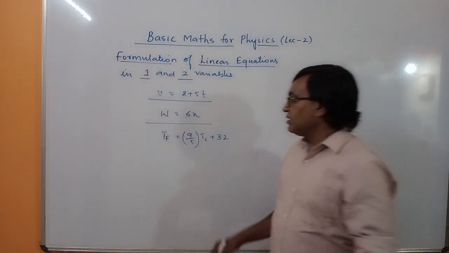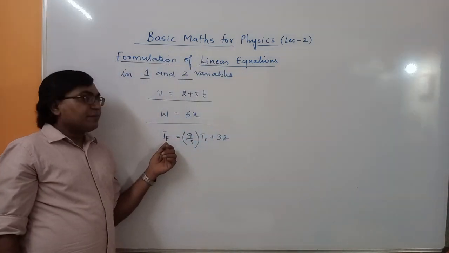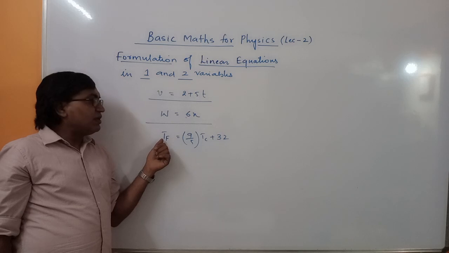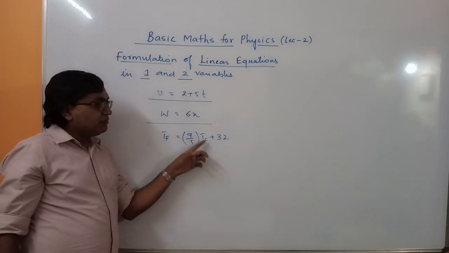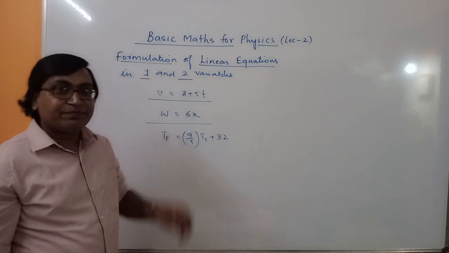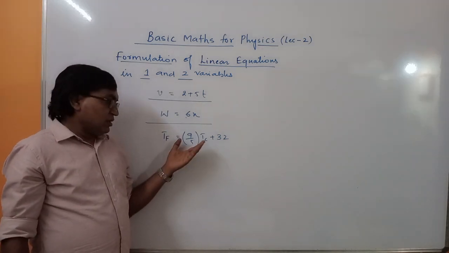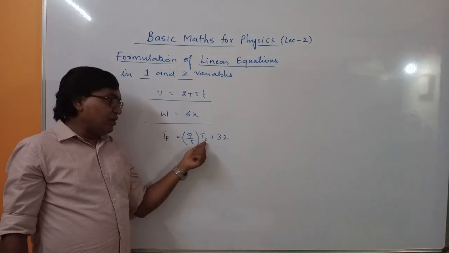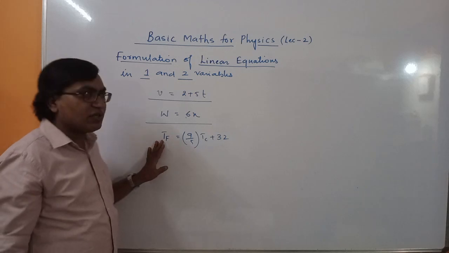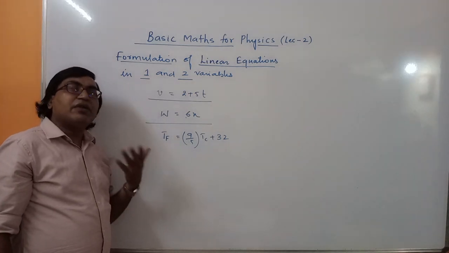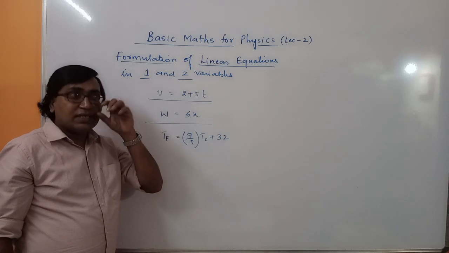This is the equation, because in some countries people measure the temperature on the Fahrenheit scale, and in some countries they measure the temperature on the Celsius scale. So if you have the temperature on Celsius scale, you can find out the temperature on Fahrenheit scale, or if you have a temperature on Fahrenheit scale, you can find it on Celsius scale.